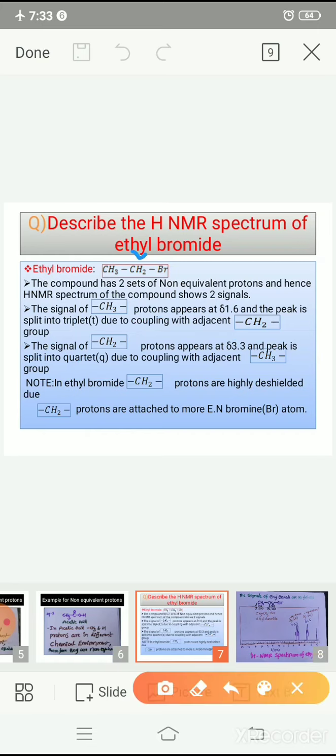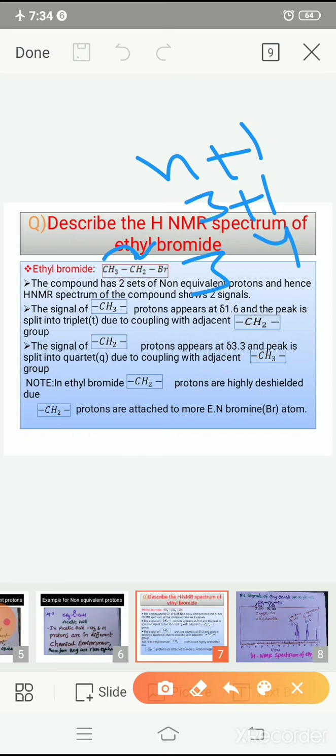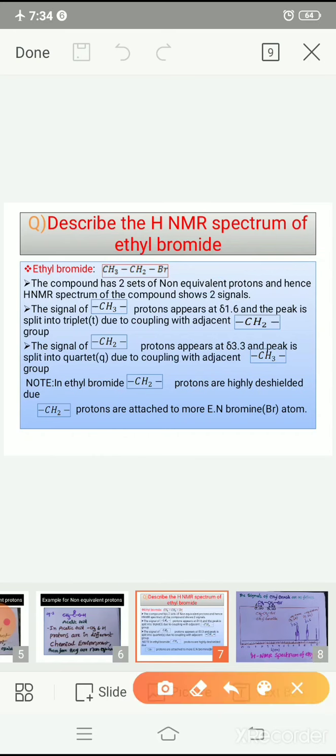Here CH2 protons are coupled with CH3 protons. So CH3 protons are 3. By the n plus 1 rule, n is equal to the number of neighboring protons, 3 plus 1, therefore 4. Therefore quartet.